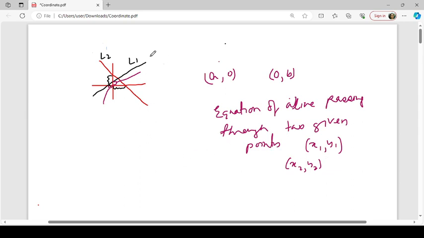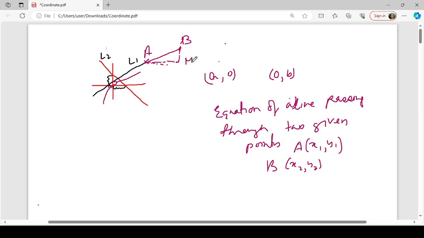Suppose this is the point A and this is the point B. So suppose A, B are points on a line. If we complete this triangle, this side is parallel to the x-axis, this is parallel to the y-axis.